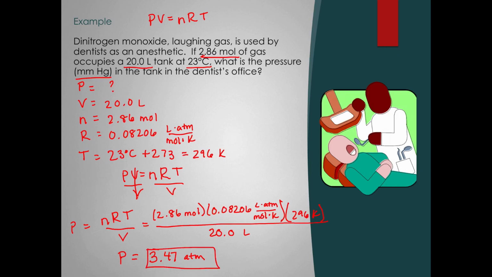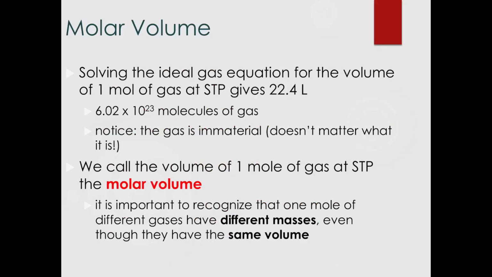So again, we will use this ideal gas law, this PIV-NERT equation, anytime we just have one set of conditions, and we'll use our combined gas law anytime we have changing conditions.